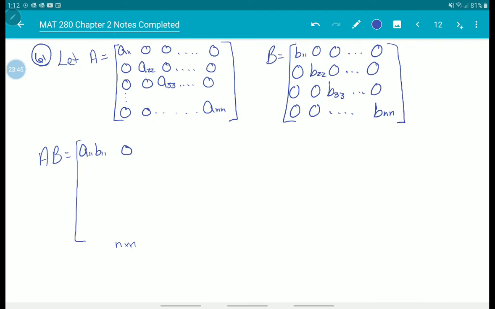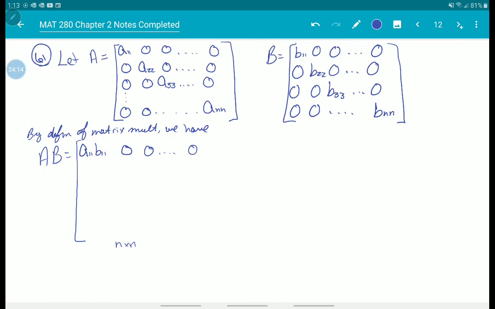So A11 times 0 is 0, plus 0 times 0, plus 0 times 0 is 0, and so on. And then first row, last column, we're going to get 0. So you can see what's coming out just using the definition of matrix multiplication. We have.